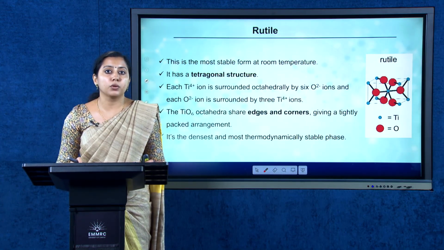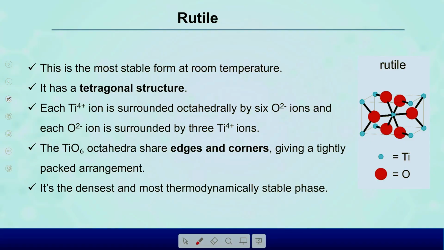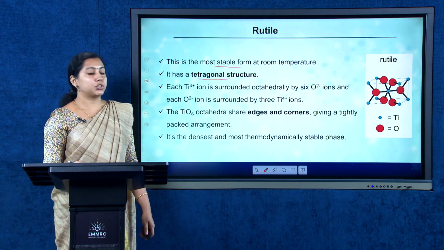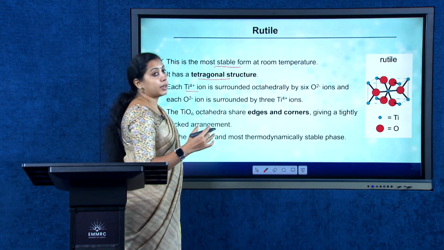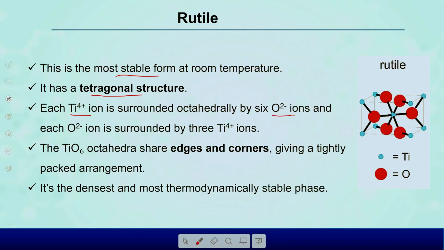First let us see the rutile phase. Among the 3 polymorphs of titanium dioxide, rutile is the most stable form at room temperature. It is characterized by a tetragonal structure, as you can see in the figure. And in the tetragonal structure, each Ti4+ ion is surrounded octahedrally by 6 oxide ions.